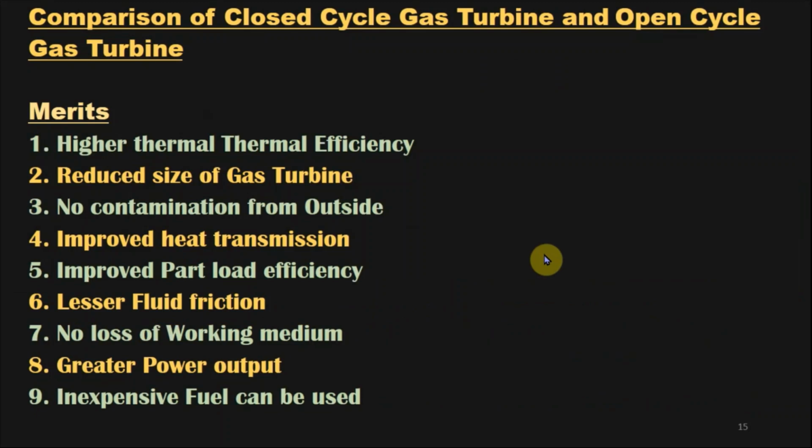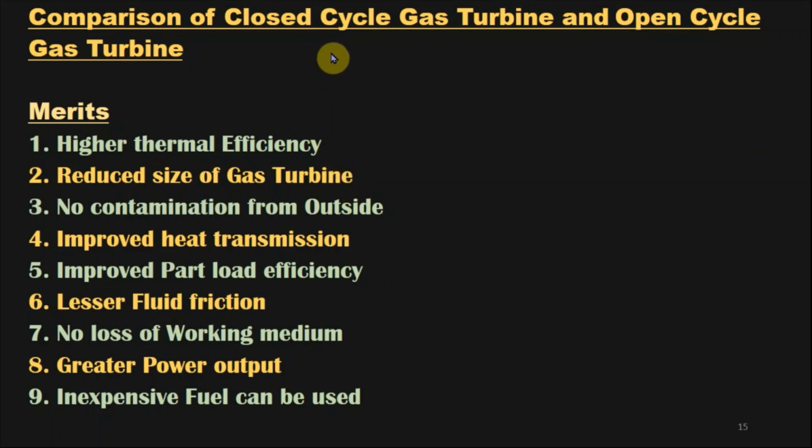Now we will discuss the merits and demerits of closed cycle gas turbine over open cycle gas turbine. We are familiar with both. You know that in closed cycle gas turbine, the working substance is recirculated in each cycle. In open cycle gas turbine, every new cycle involves the intake of fresh air into the compressor.